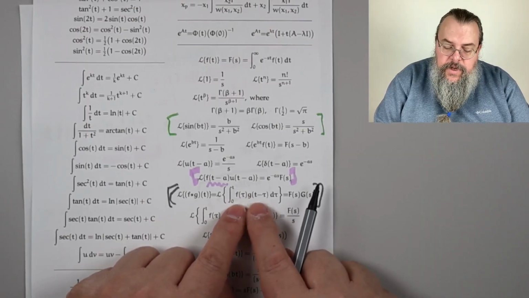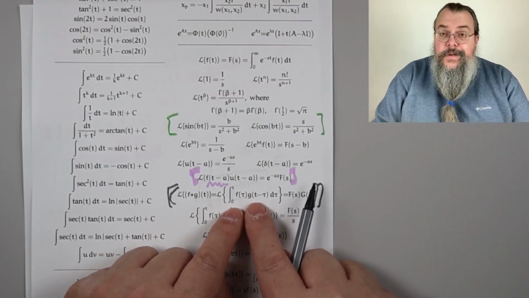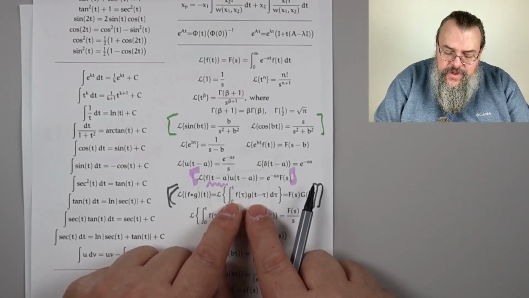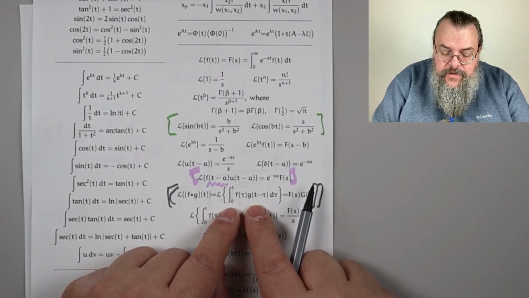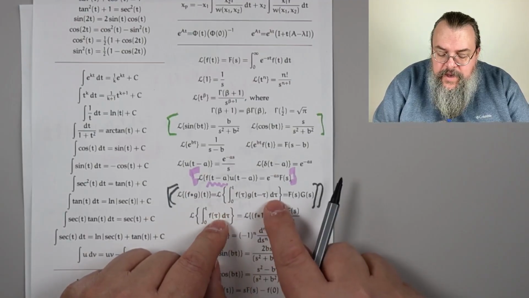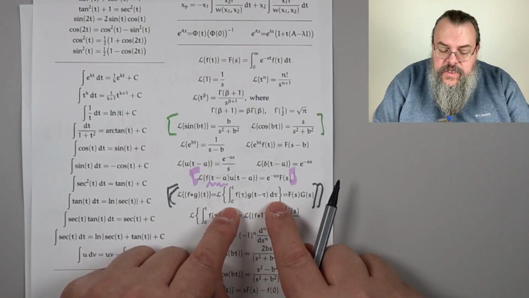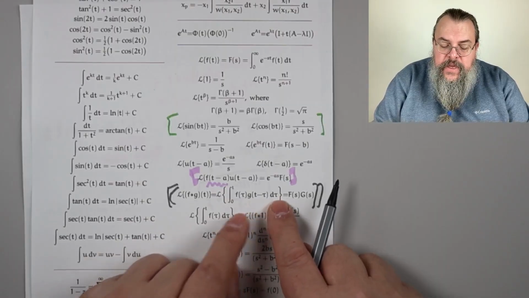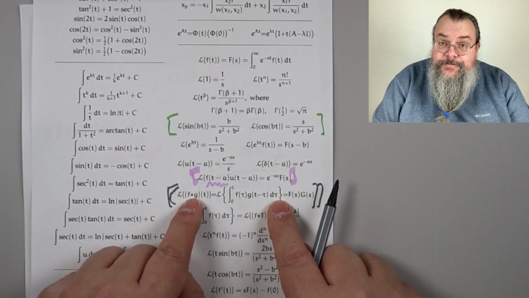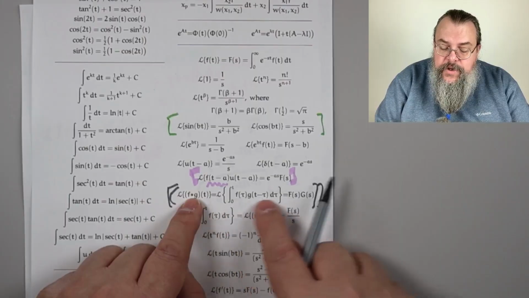F and g are just symbols. Don't get caught up in symbols. Symbols can be changed. The important thing is the integral from 0 to t, one part is tau, one part is t minus tau, d tau. And that is convolution. So we're really doing a convolution.